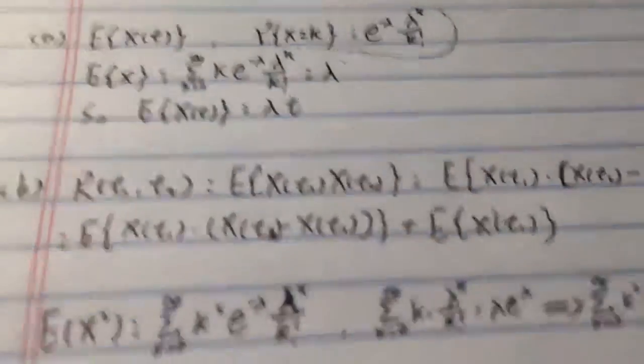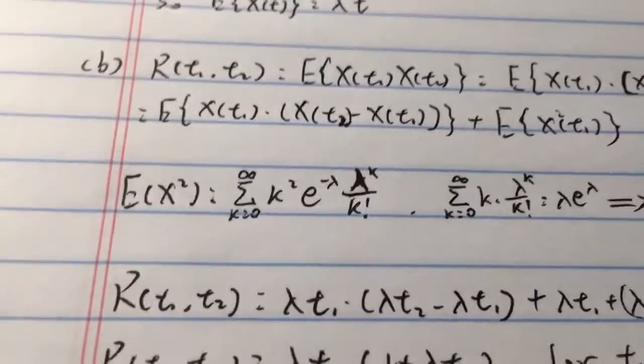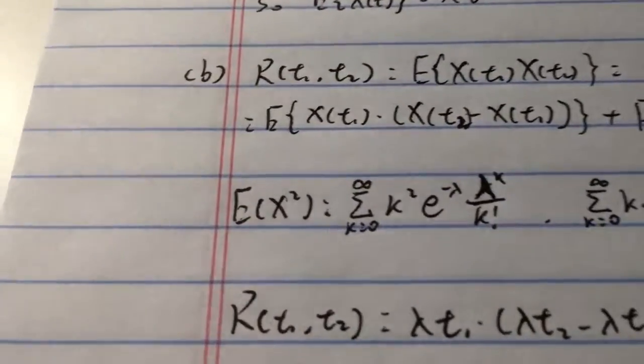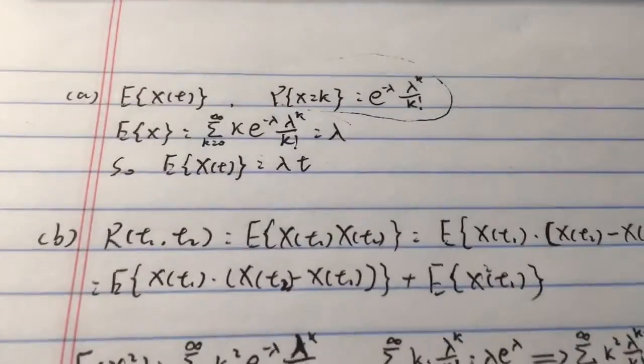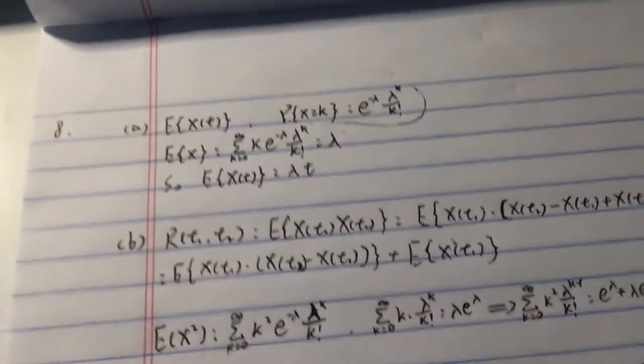In the second question, we need to find the autocorrelation R(t1, t2). We just use the standard formula of the autocorrelation.